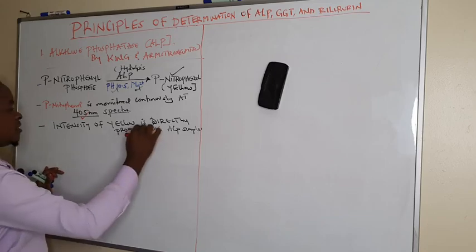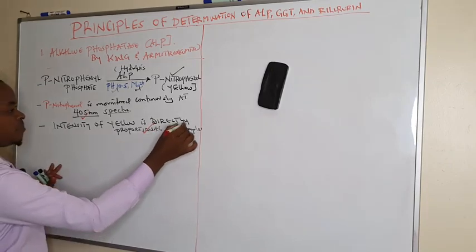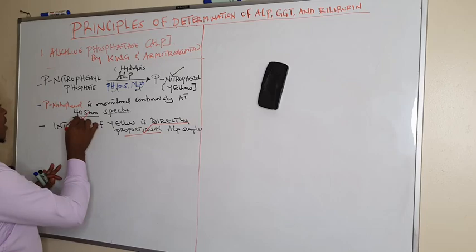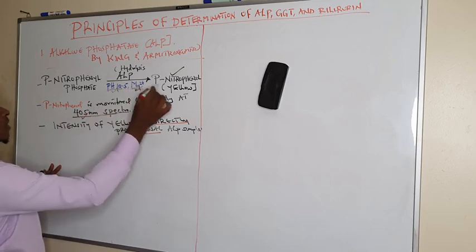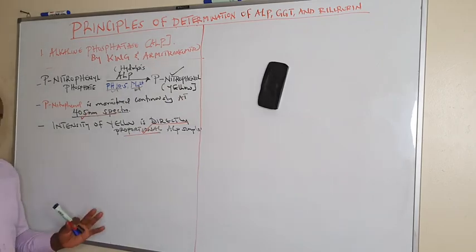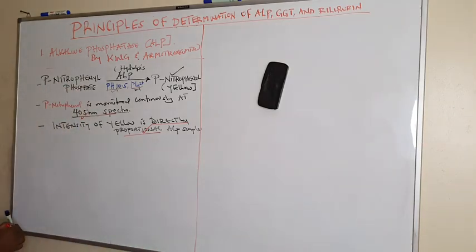Then you tell us the intensity is directly proportional, another mark. So these are the marking points. So don't write English, this is chemistry, so we have to know which key terms have to be there. So this is the principle of ALP.